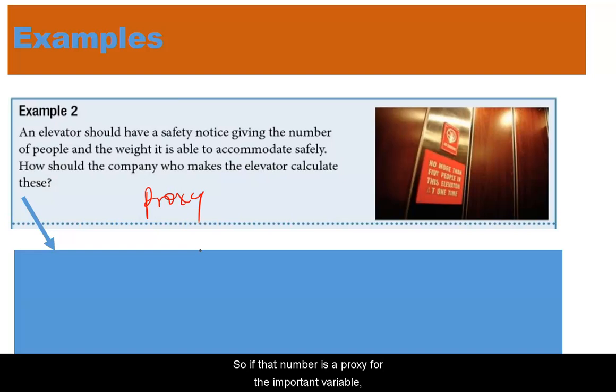That number is a proxy for the important variable, the total weight. We can say that the company that makes the elevator will have to assume an average weight for each person. So all these are assumptions of the average weight of each person. Their weight could vary dramatically, right?